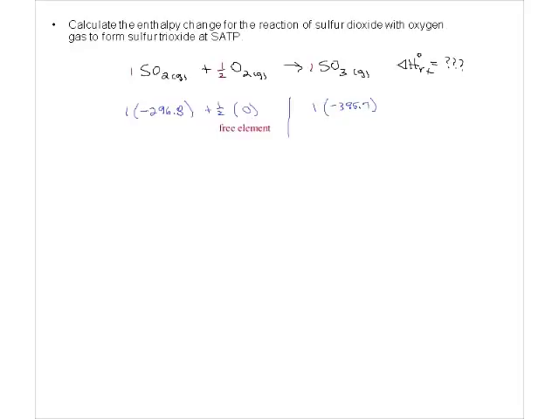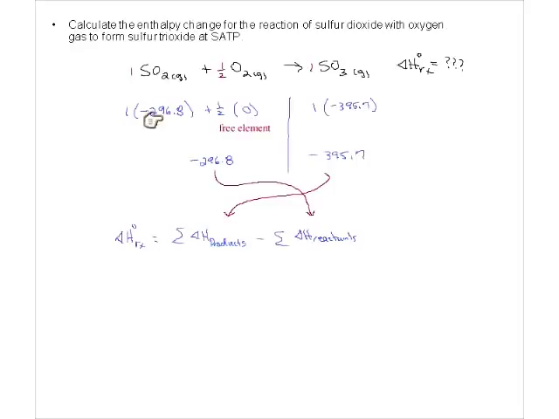Okay, now we follow down through here. I'm simply going to skip a step, and I'm simply saying, all right, we can add these two numbers together here, and we can bring this one down. So when I do my equation, it's saying the delta H of this reaction is products minus reactants. These are my products. These are my reactants.